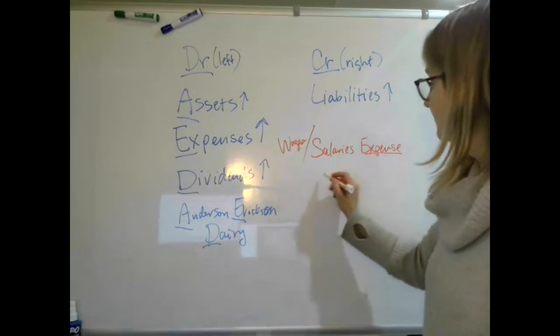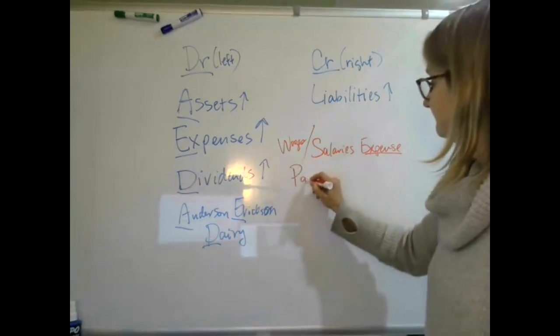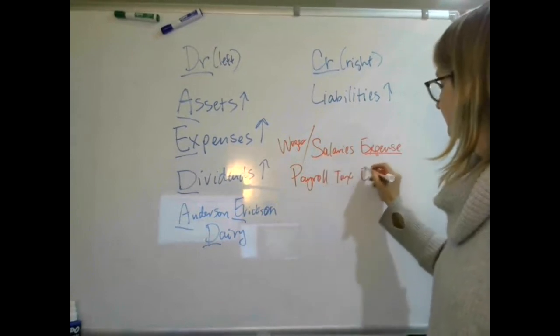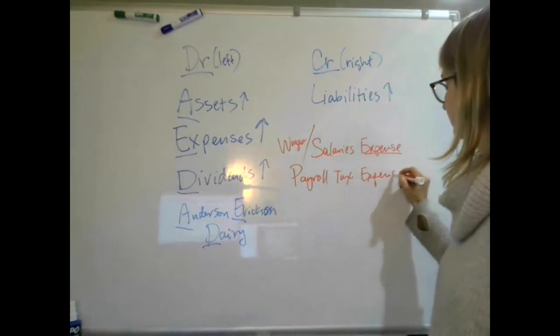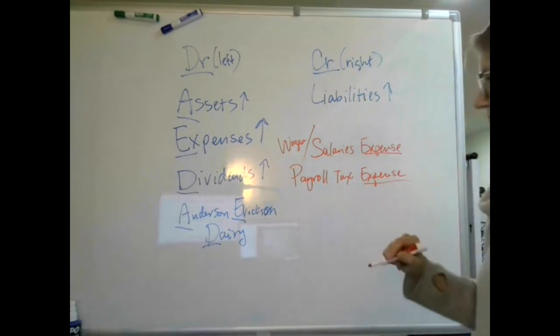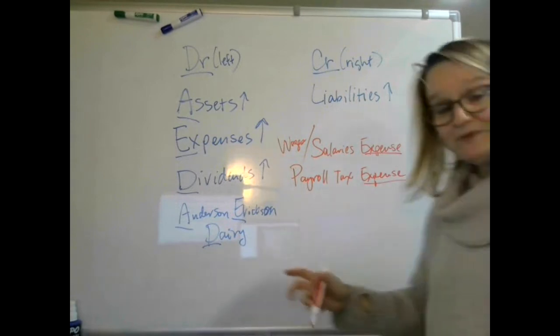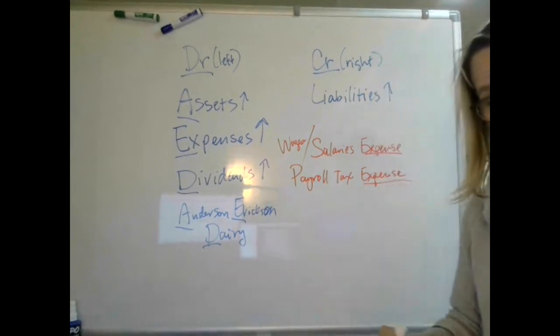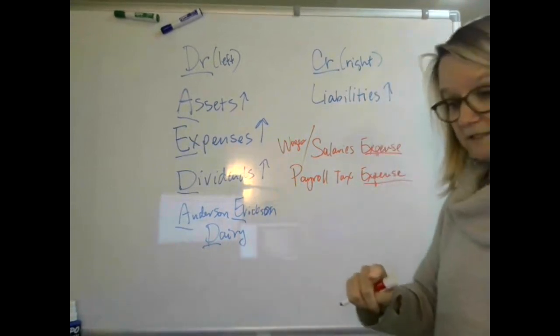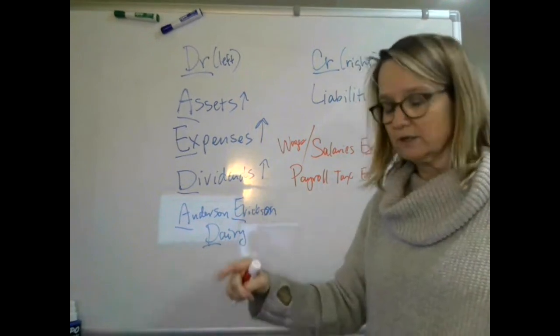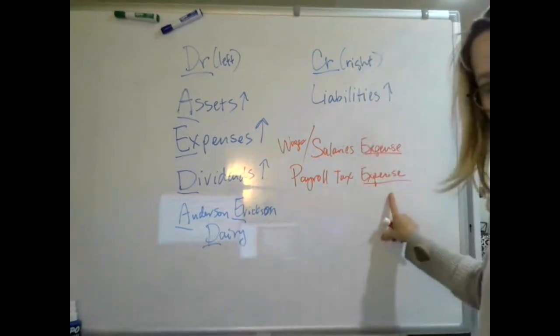We are also going to have payroll tax expense. Now, we've got two different types of payroll tax. We've got payroll taxes that have been withheld from employee paychecks, and we have payroll taxes that are owed by the employer. That's what I'm talking about here.